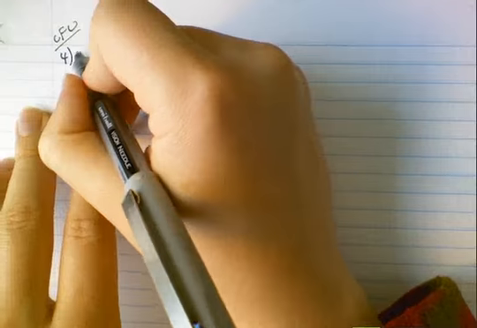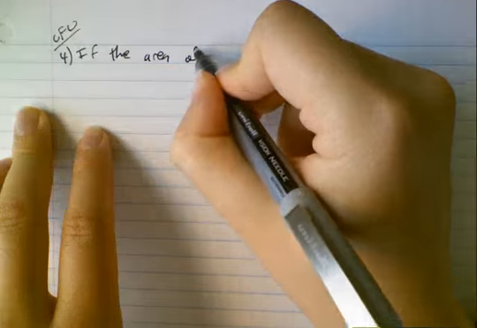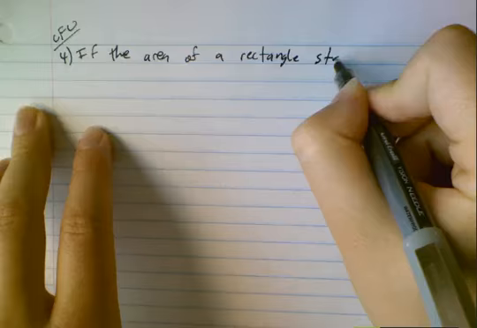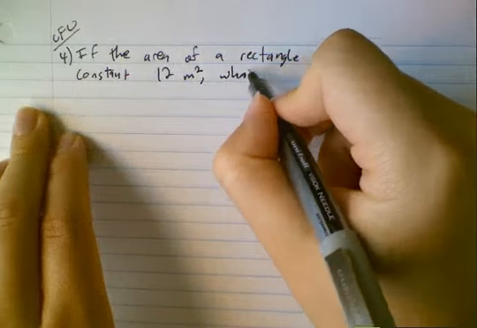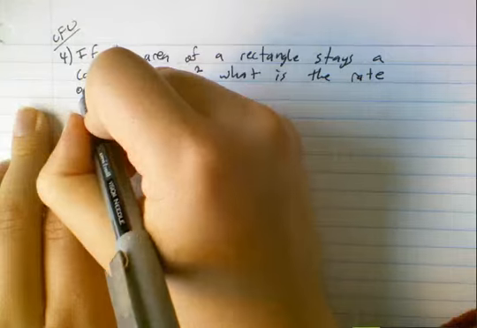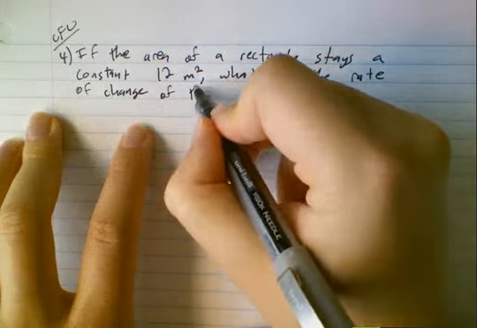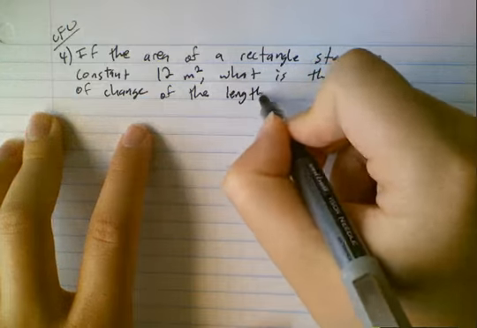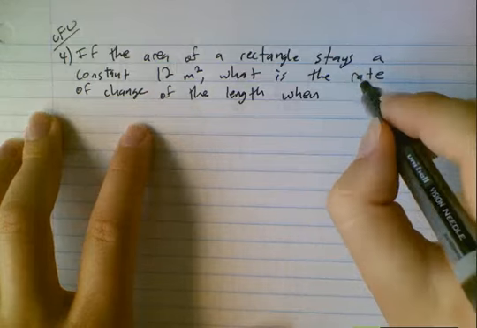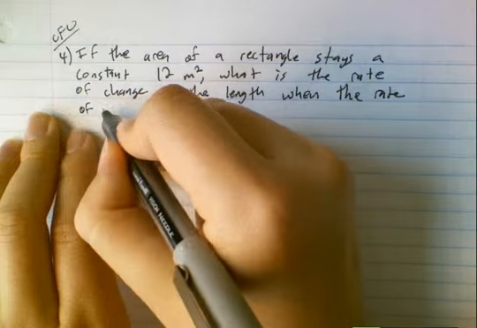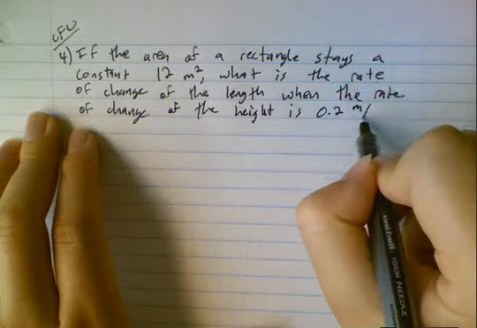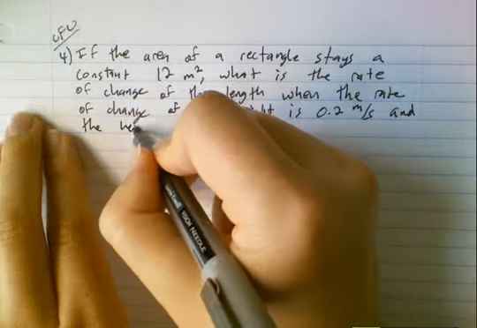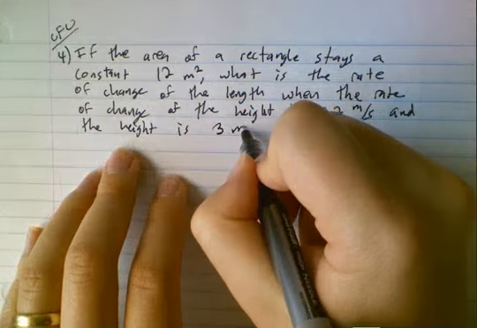Finally, let's do a check. If the area of a rectangle stays a constant 12 square meters, what is the rate of change of the length when the rate of change of the height is 0.2 meters per second and the height is 3 meters?